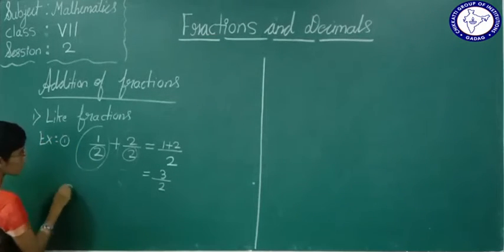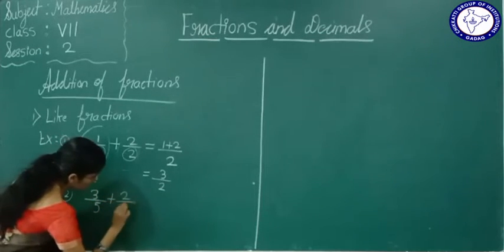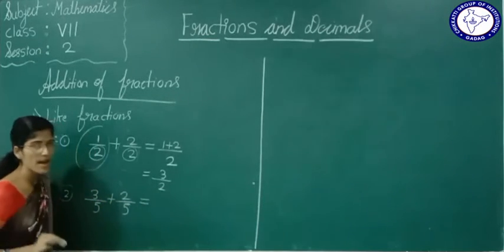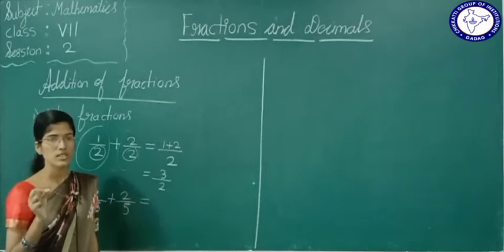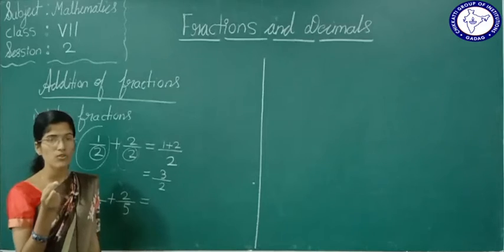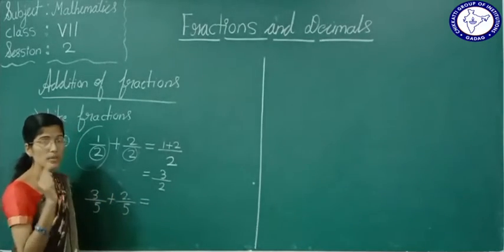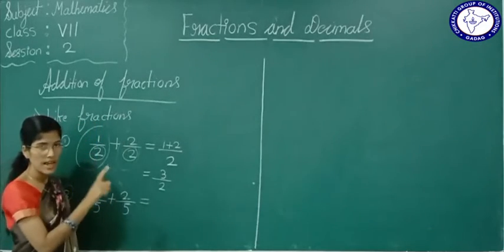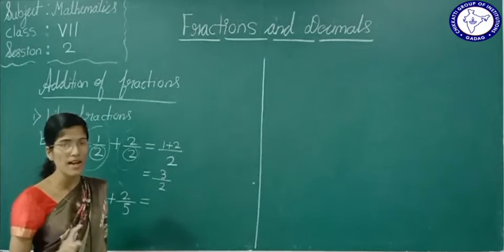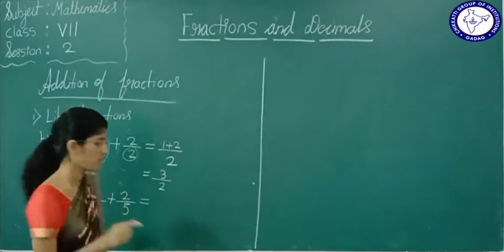Now I will give one more example: 3 by 5 plus 2 by 5. See how we have to add like fractions. We add only the numerators, keeping the denominator the same. In a like fraction, if you want to add the fractions, we have to add the numerators.